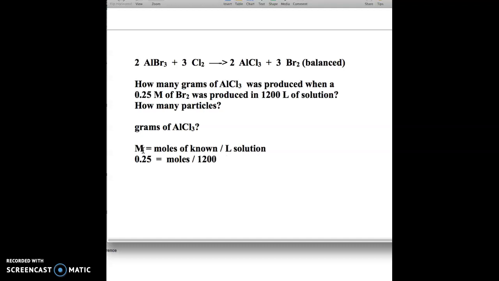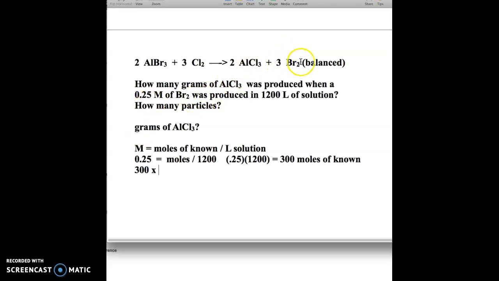Therefore, you've got 0.25 times 1200 equals 300 moles of known. So you've got 300 moles of the known. So how do you come up with the number of moles of the unknown? You take your number of moles of your known, so the known here is bromine.